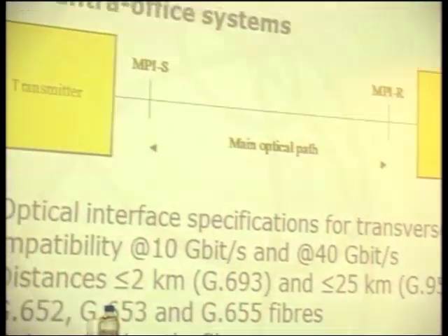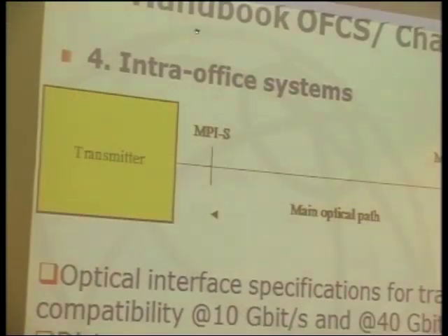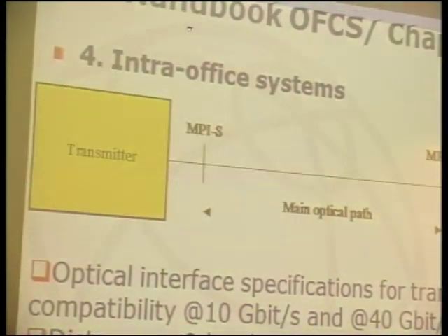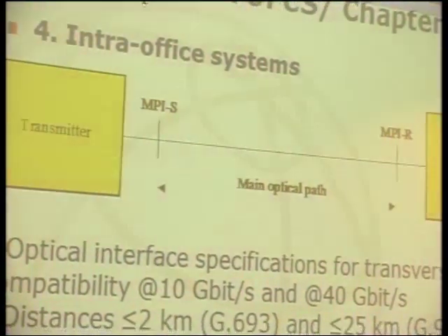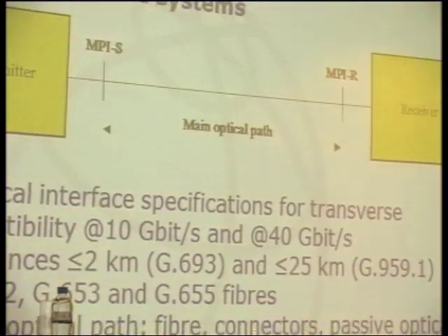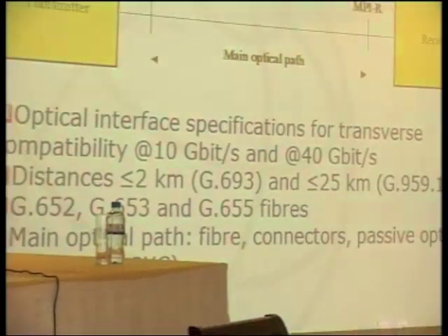On this main optical path, just after the transmitter and just before the receiver, we have the two interfaces specified by ITU: the MPI-S, main optical path sending interface, where S stands for sending or transmitting, and the MPI-R interface, where R stands for receiving.